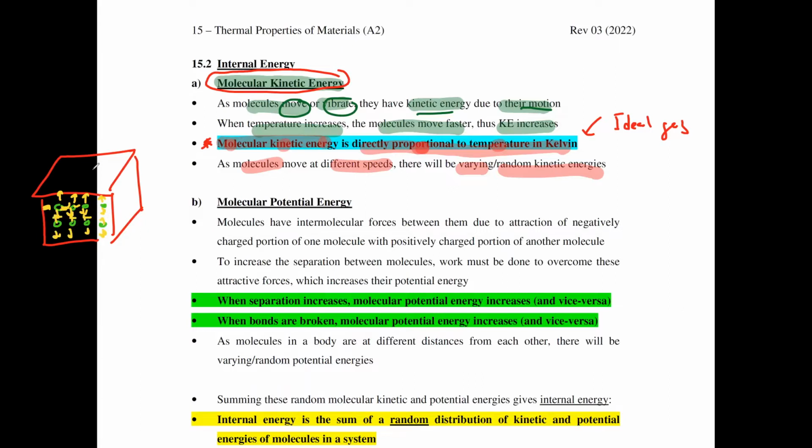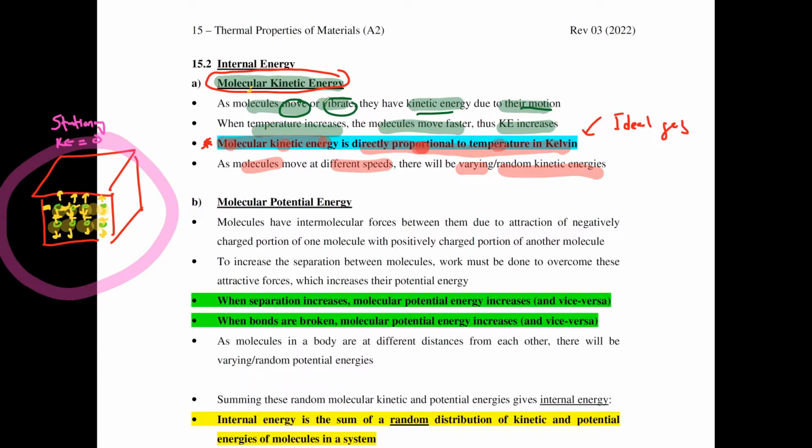So when we're talking about the molecular kinetic energy, we're talking about the kinetic energy of these molecules themselves when they are vibrating. We're not talking about the kinetic energy of the whole solid. I could have this solid here, which is stationary. The kinetic energy of your solid is 0.